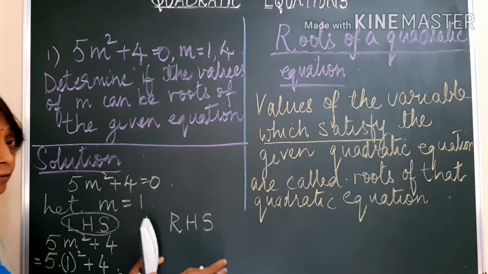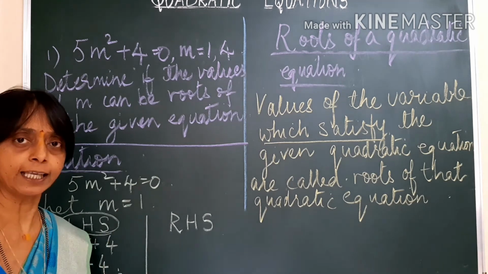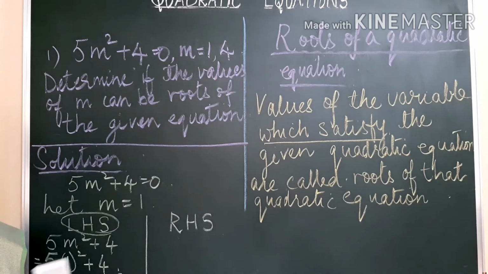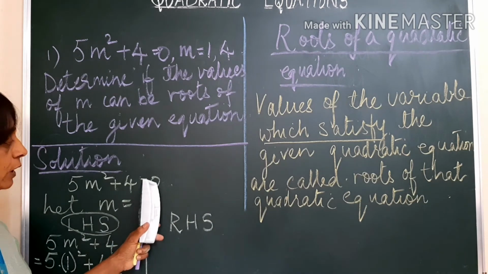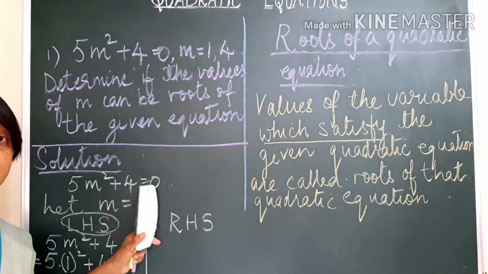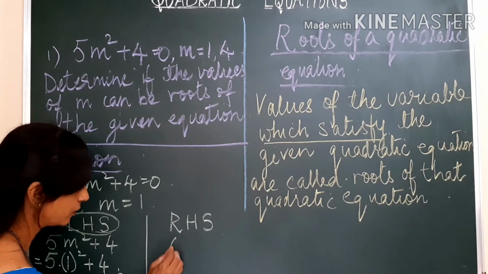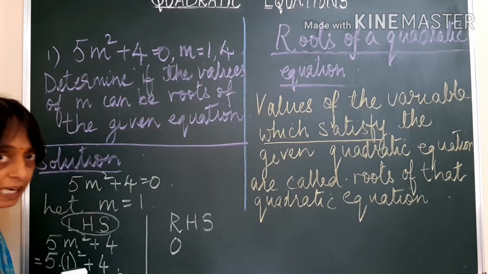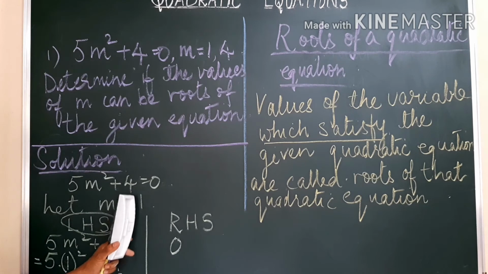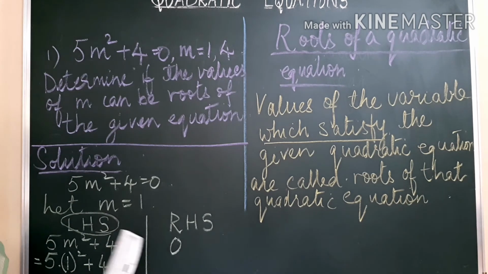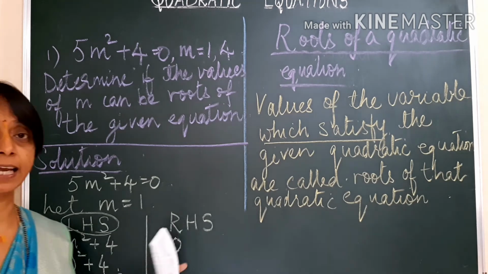Now let's solve the right hand side of the given quadratic equation. Do you have any expressions over here? No, we do not have any expression. We have only the term 0. So there is no need to solve anything by substituting the value of m. The answer already on the right hand side is 0. So the answer on the left hand side is 9. The answer on the right hand side is 0.